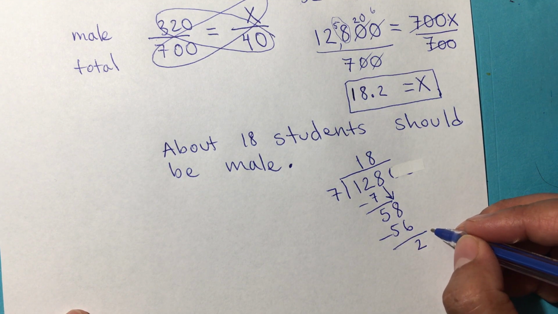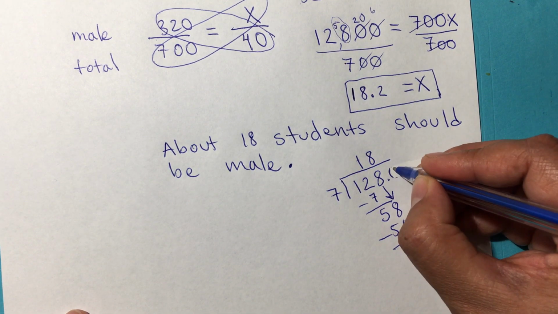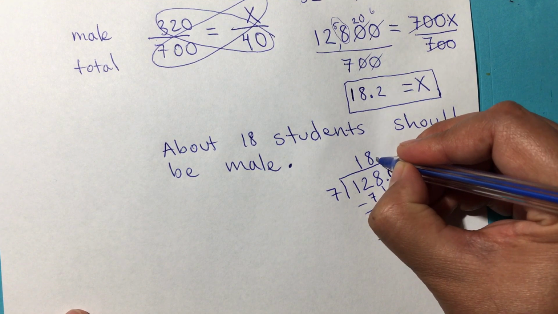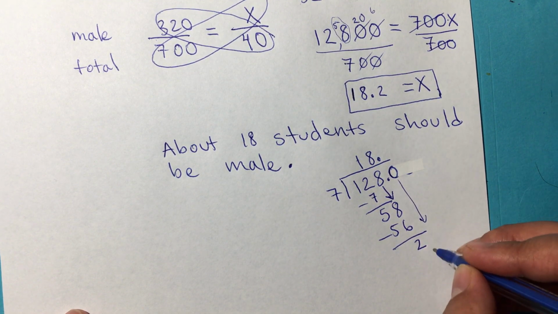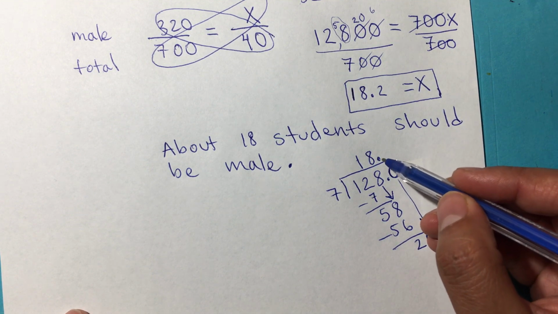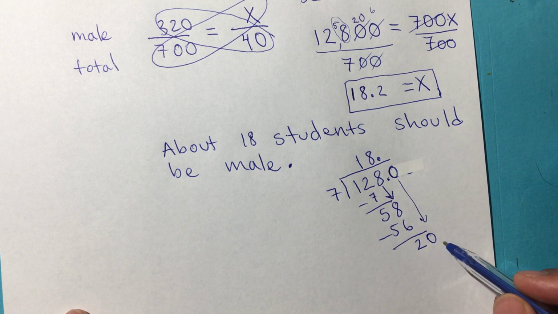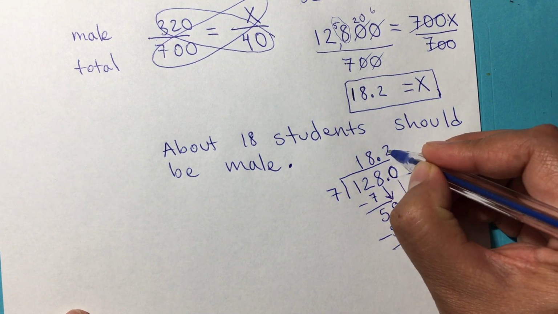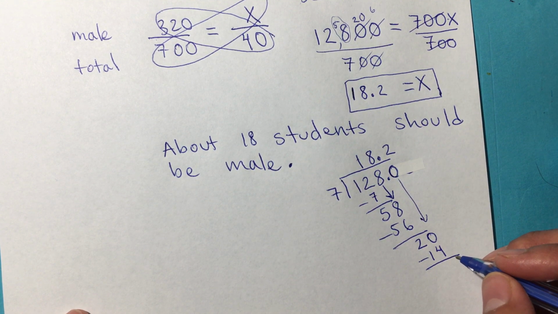There's nothing to bring down, and at that moment some people put a decimal in here and add a 0 and bring up the decimal. You now bring the 0 that didn't exist, and because it didn't exist, that's when you put the decimal. Now, how many times does the 7 go into 20? 2 times. 2 times 7 is 14.